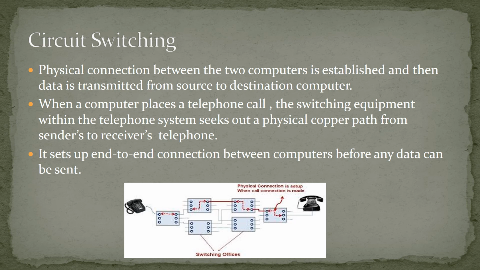It is also called an end-to-end connection between the computers before any data can be sent. So when one phone is calling another phone and the other phone is picked up, only then can the communication be achieved, otherwise not.